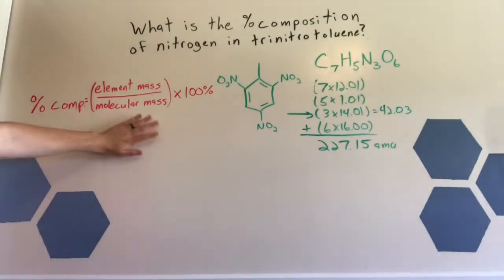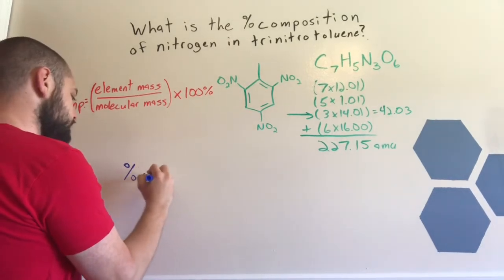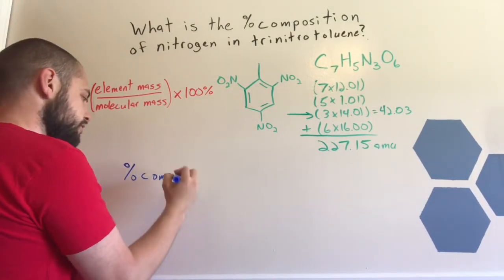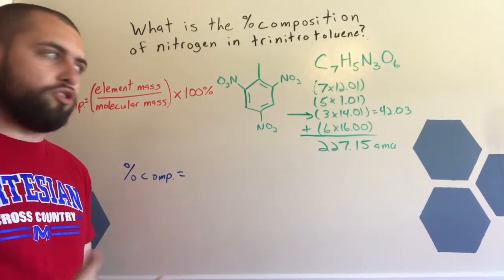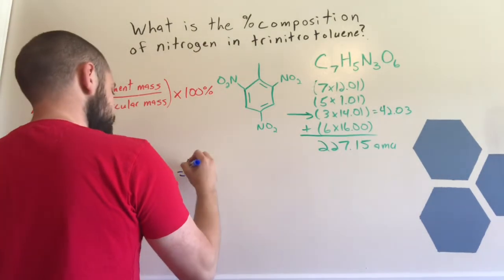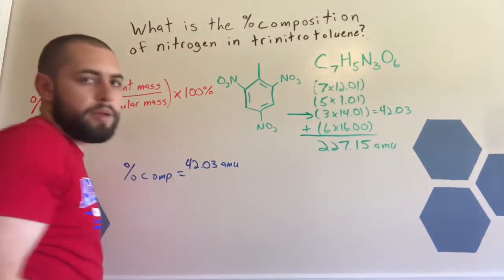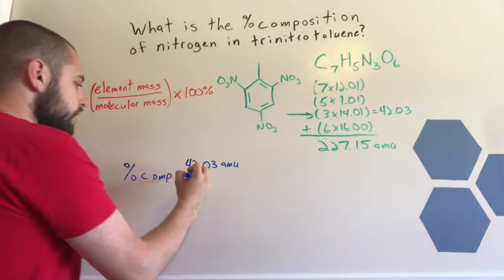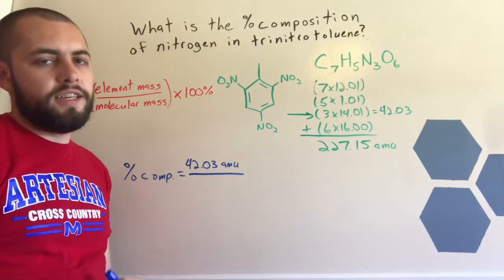Using this formula over here. My percent composition of nitrogen is equal to the mass of all of the nitrogen. I figured that out over here, about 42.03. We're measuring in atomic mass units. And I'm going to divide that by the molecular mass of TNT.